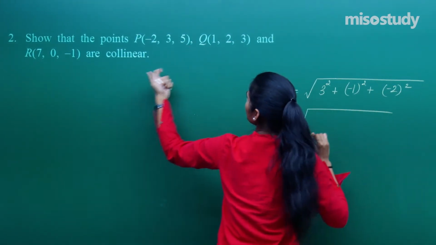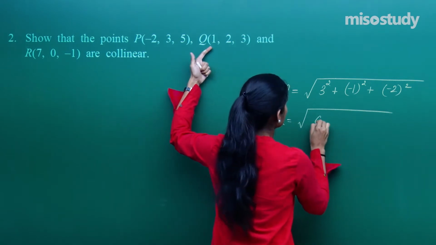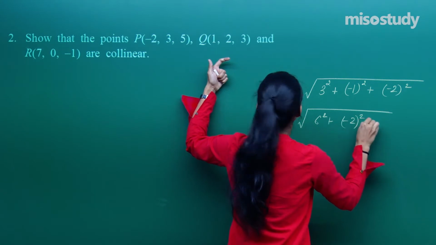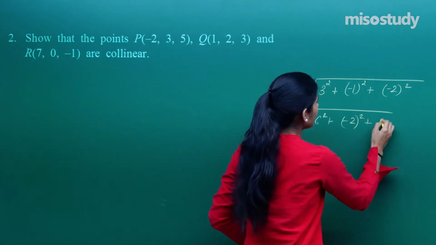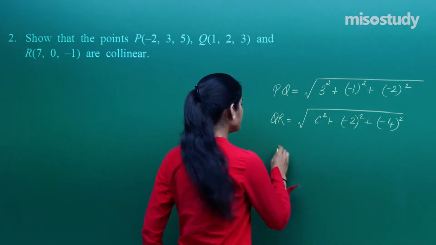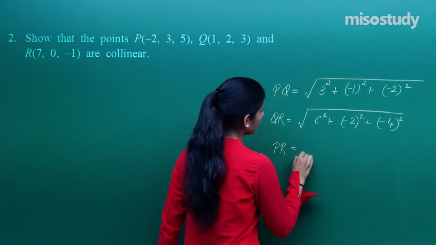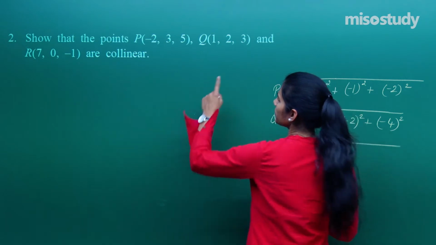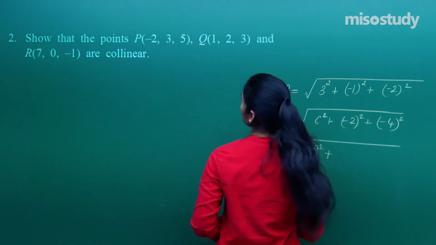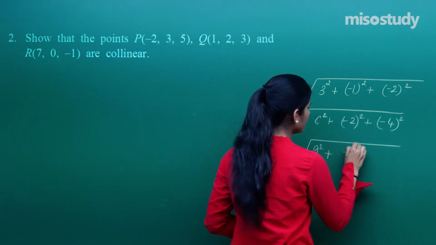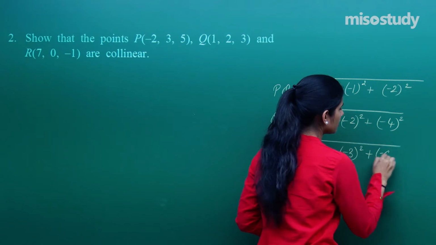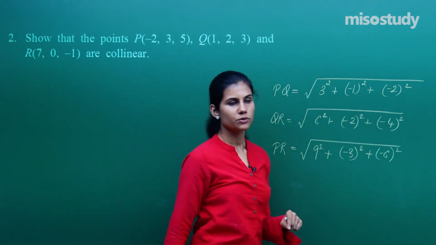Positive square root of (7 minus 1) whole square plus (0 minus 2) whole square plus (minus 1 minus 3) whole square. And what is PR? Positive square root of (7 minus minus 2) whole square, (0 minus 3) whole square plus (minus 1 minus 5) whole square.